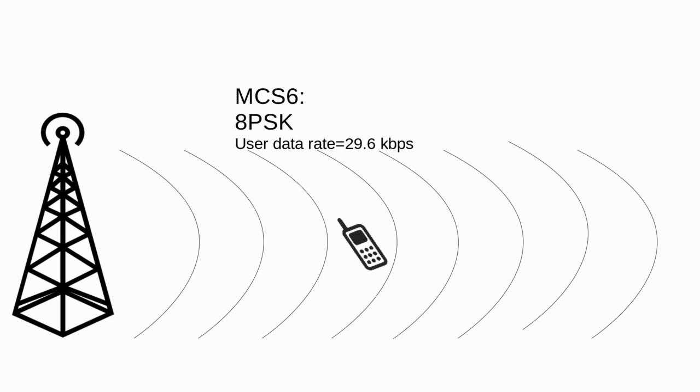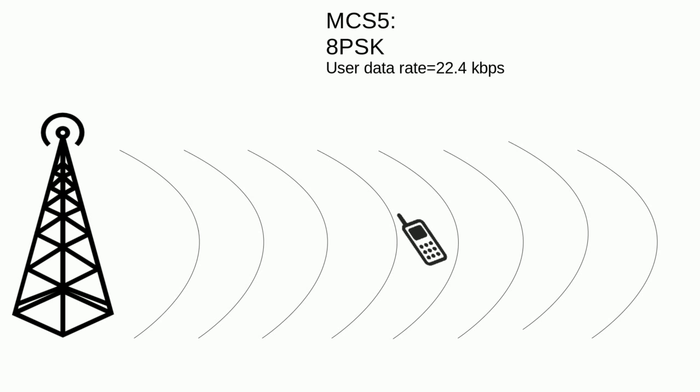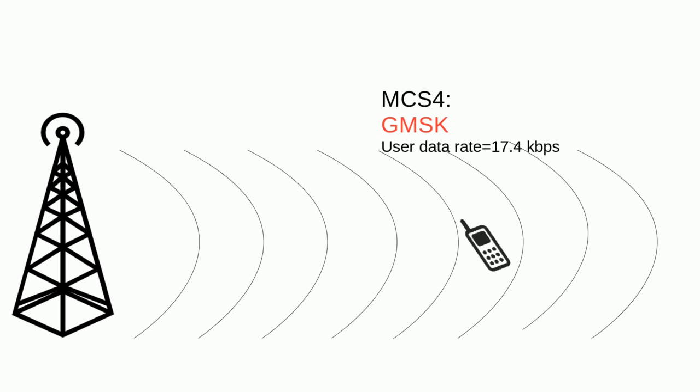And now moving further away, we use MCS 6, where the data rate further decreases to 29.6, because we are increasing the error correction bits. And then we move to MCS 5, in which we are still using 8 PSK, but error correction bits have increased and user data is decreased to 22.4 kbps.